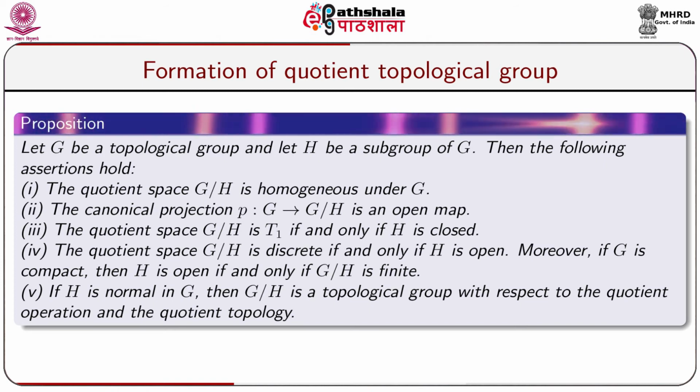That means G by H is a topological space. We do not know whether it is a topological group or not, but when H is normal, then the quotient group G by H is also defined and the quotient topology on G by H is also defined. So G by H can be considered as a topological group. Now let us come to the proof of these results.